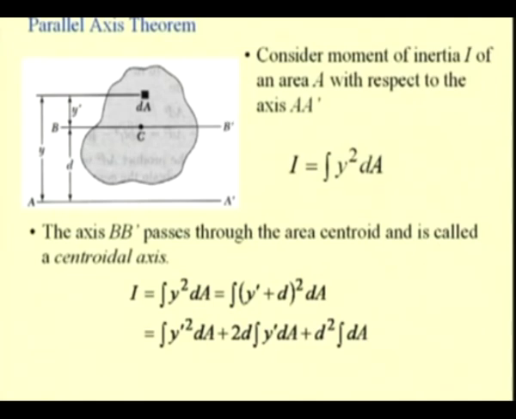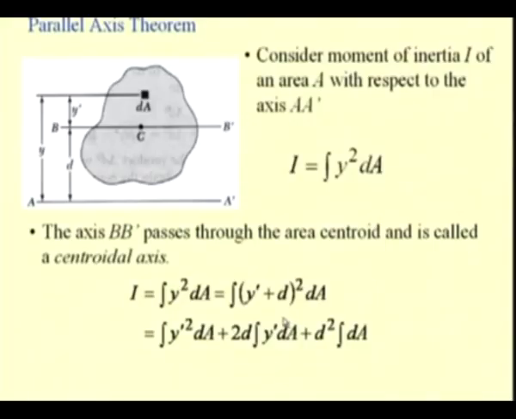And we know that the summation of the first moment of the area is 0 with respect to a centroidal axis, and this quantity now becomes 0. So, we have this integration as this quantity, which is integral y prime square dA, which we designate as I bar, plus integral dA, which is nothing but the area A, times d square.